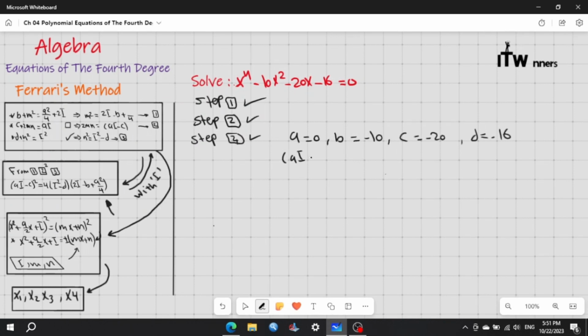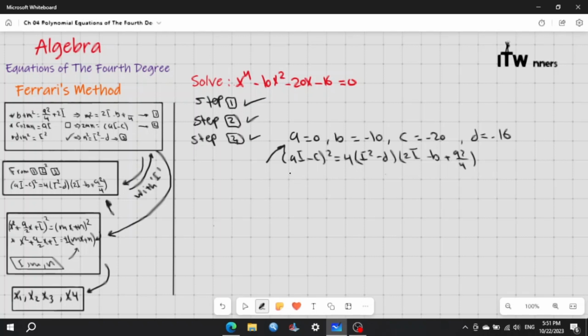Here we have (2I minus c) squared equal to 4 into (I squared minus d) into (2I minus b plus a squared over 4). So just substitute with the values of a, b, c, and d. We have a equal to 0.